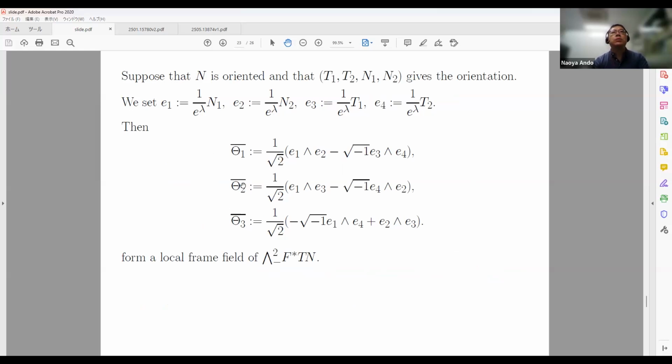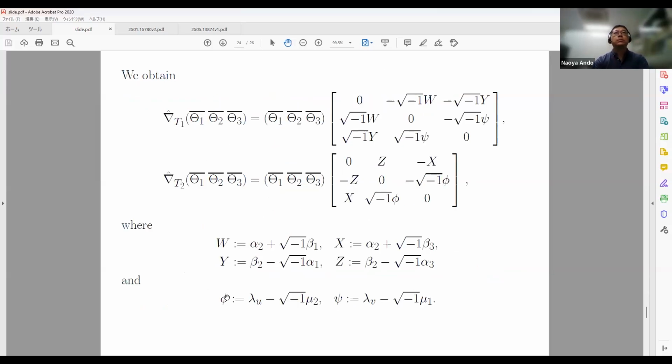And these local fields form a local frame field of this subbundle. Then, by the Gauss-Weingarten formulas, we obtain these relations.